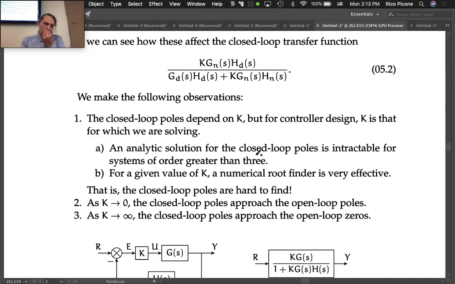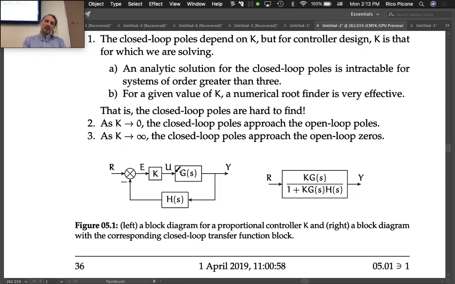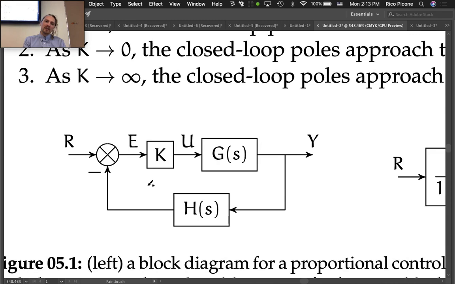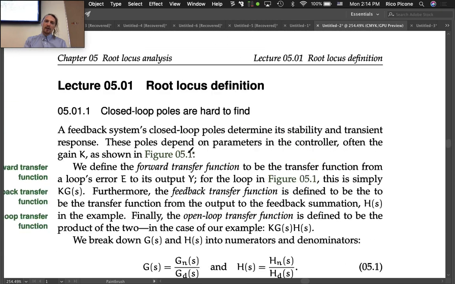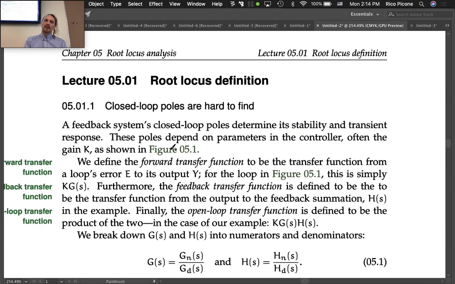Okay. So with this gain K, we're going to try to do some control. The poles depend on parameters in the controller.